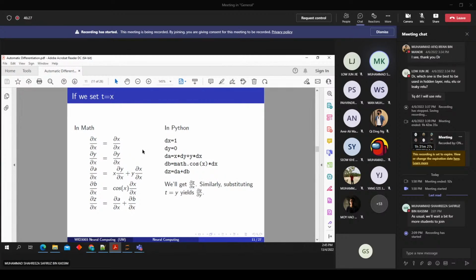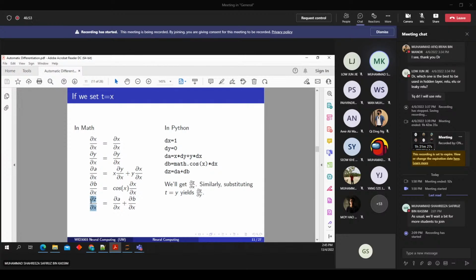But the idea is actually to set t as x or to set t as y so that we can choose what we want to differentiate the final variable z with respect to. If we want to find dz/dx, then we'll just set t as x and dx as 1.